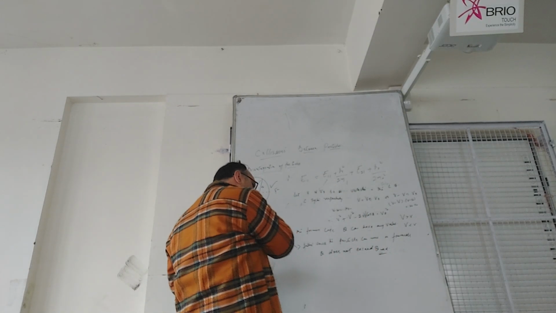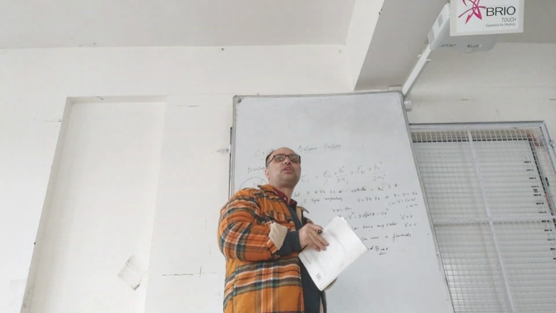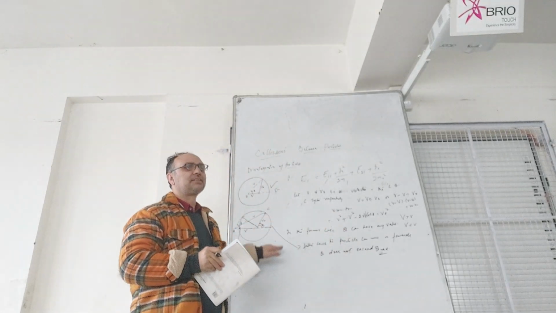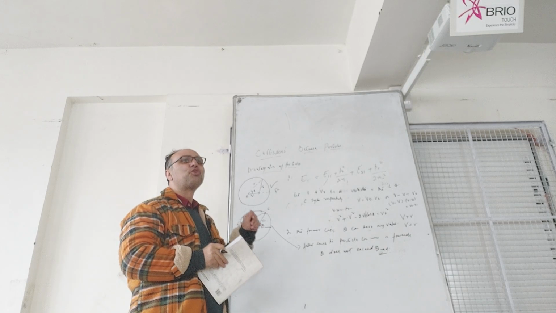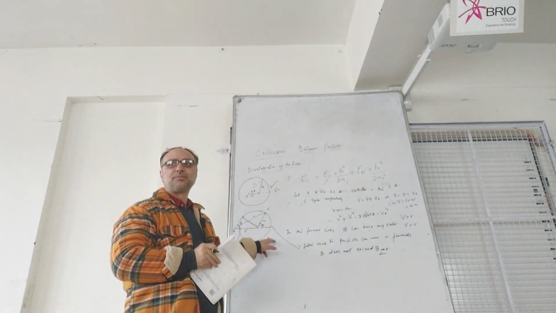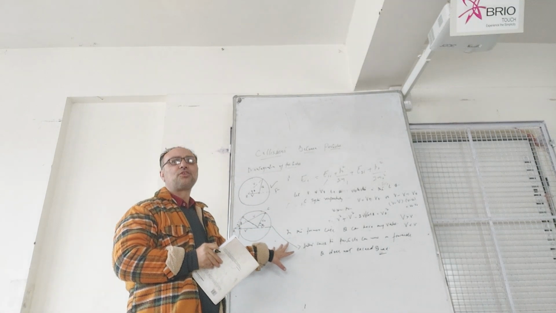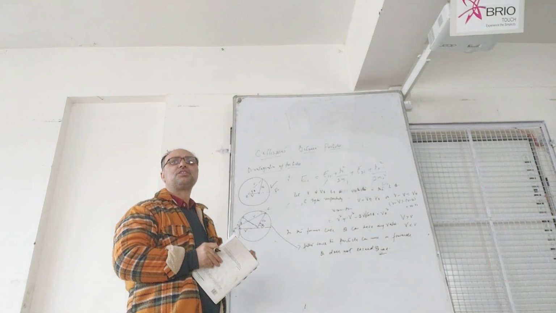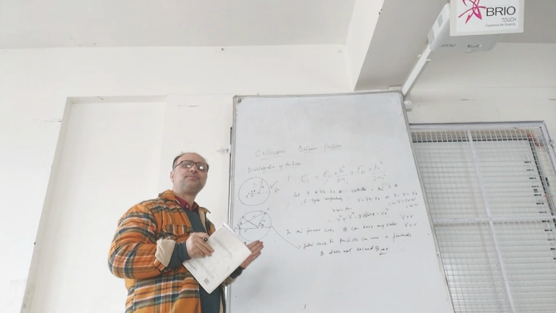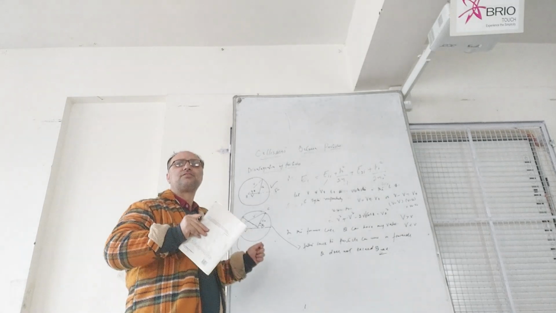Now take this as a fact, as a statement. What we are going to do is take the lab system and the center of mass system, and try to see the particles' result.